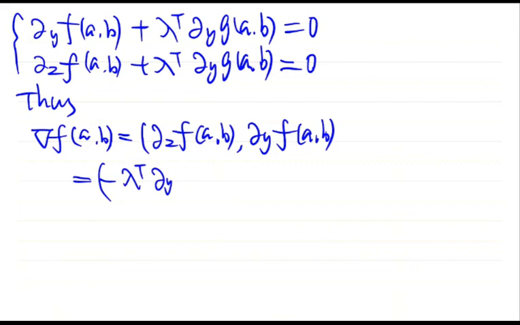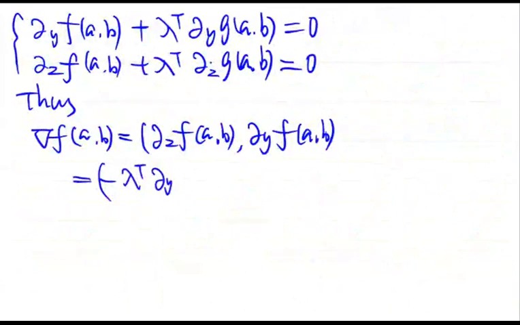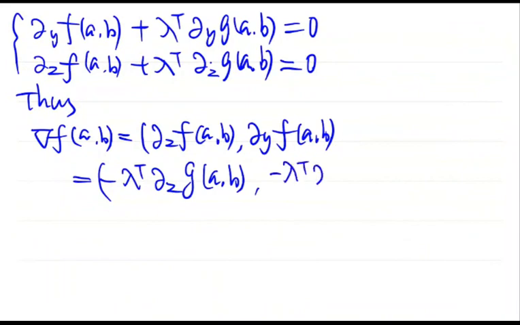Sorry, here is Z here. Here is Z. So here is also Z. Then minus lambda transpose dy g at AB.